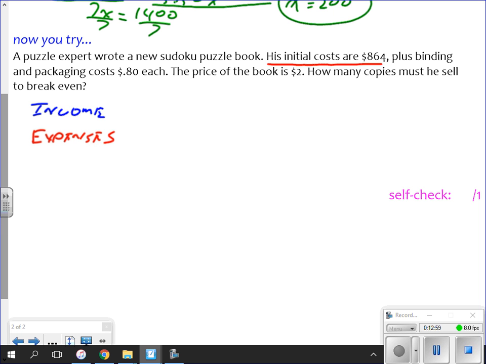His initial costs are $864 plus 80 cents each. So each book will cost him .80x, 80 cents per book, plus $864. Probably self-published. Everybody self-publishes these days.